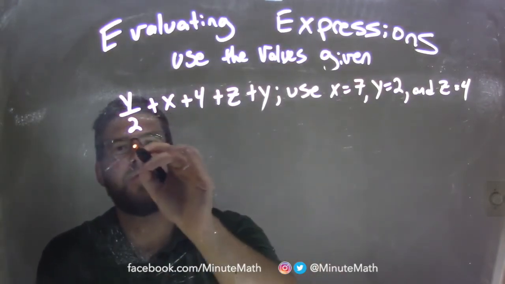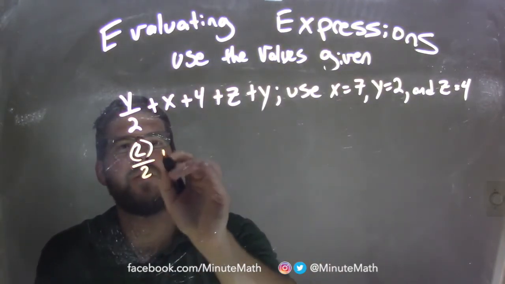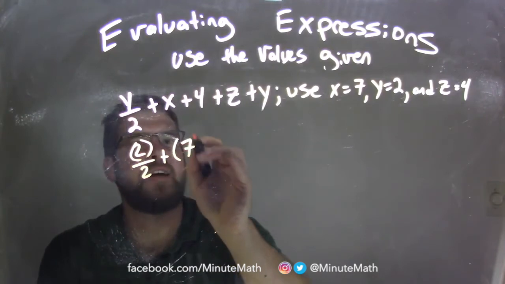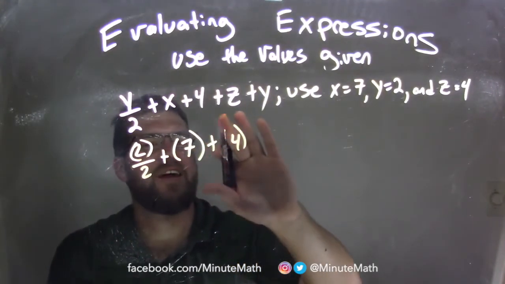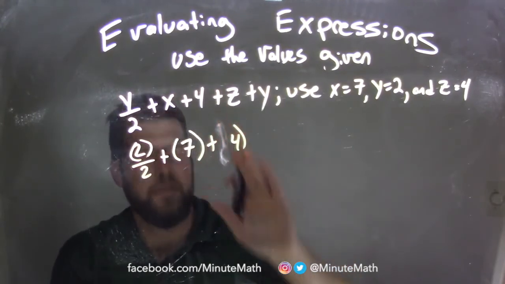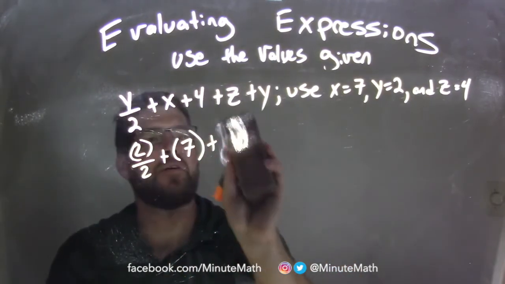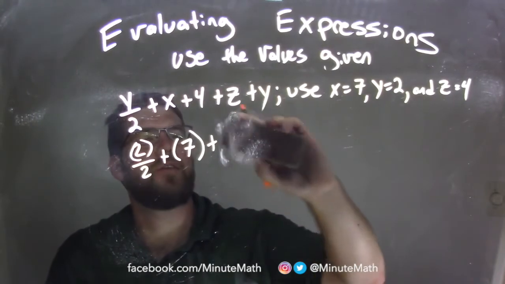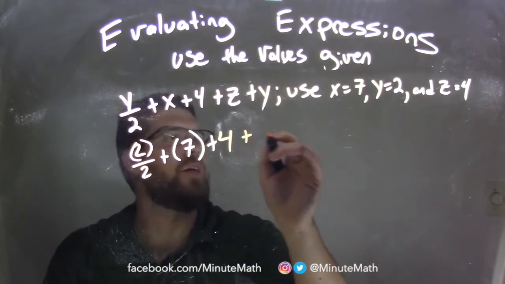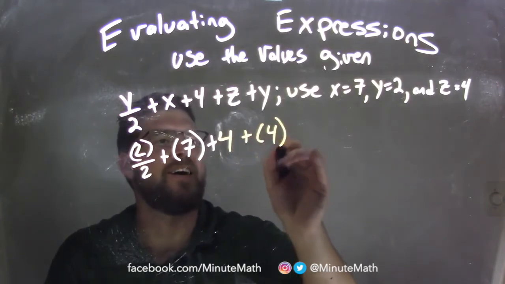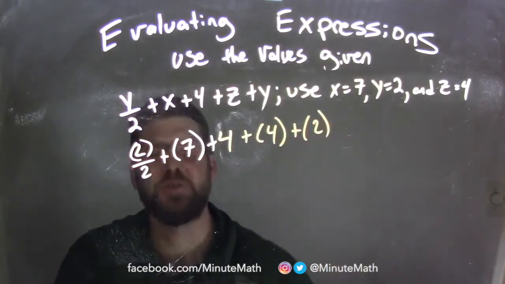Y goes to 2, so 2 up here, over 2, plus x, which is a 7, plus 4, which is nothing. I guess there's no need for the parenthesis there. Plus z, which is 4, and this last y, which is a 2.